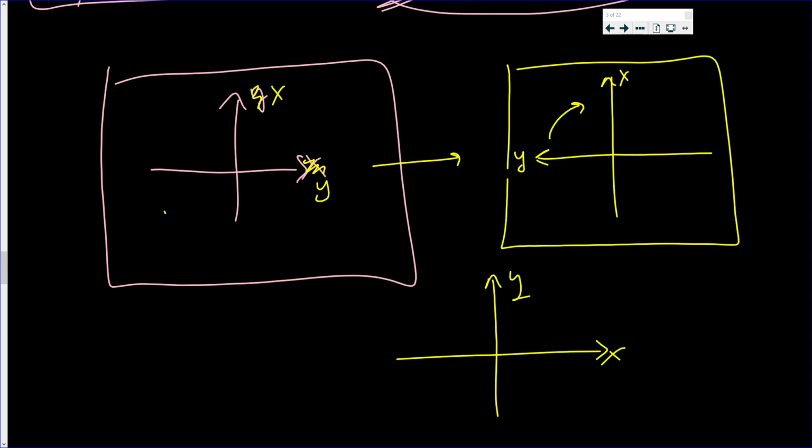So basically, if you have that for f of x, and you interchange x and y, and then you rotate it 90 degrees, maybe you get that. That will be f inverse of x.